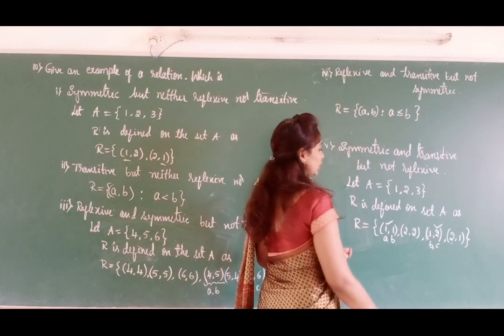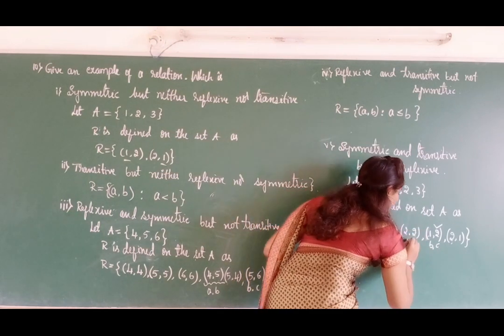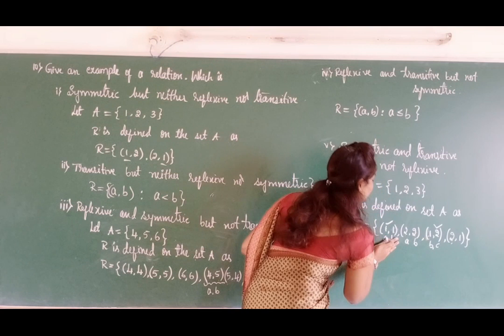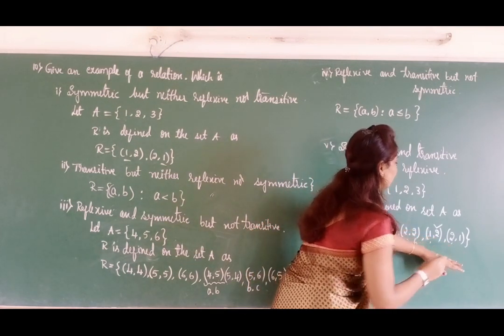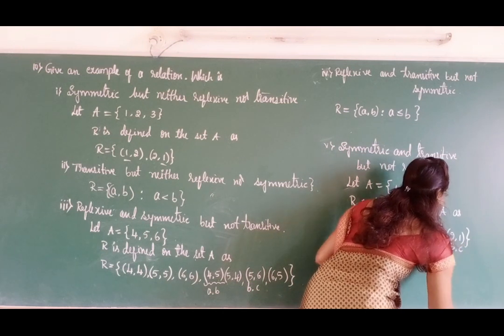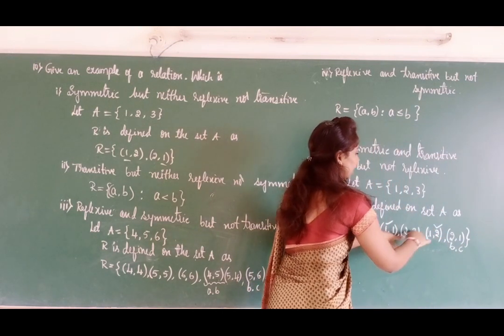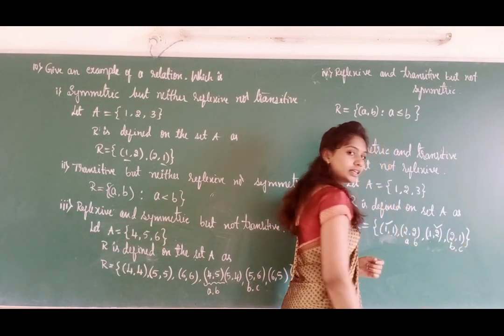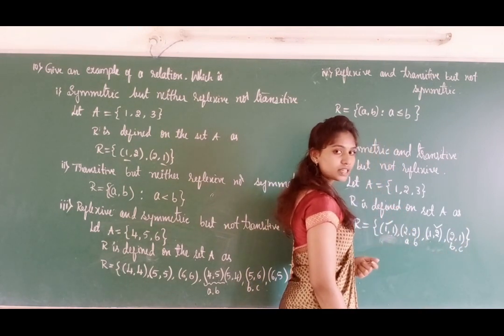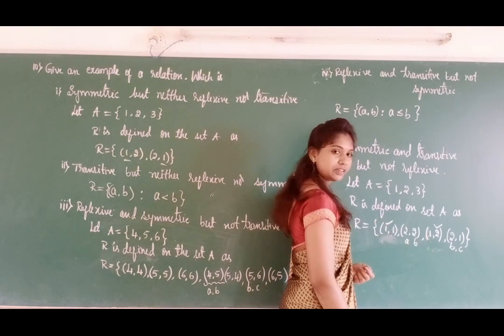Now go to the next element. I am taking ordered pair (2, 2) as AB and ordered pair (2, 1) as BC. Then we have to check A and C, that is (2, 1) belongs to R or not. Here only it is written. That's why this is also satisfying the condition for transitivity.